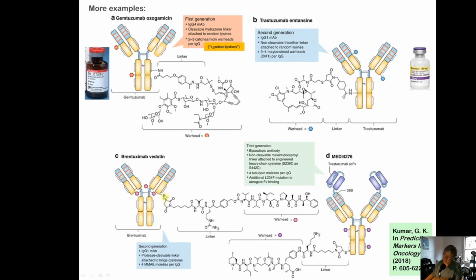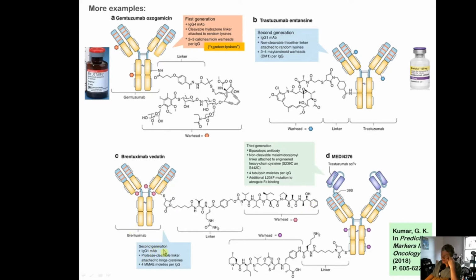So the linkage is through a sulfur, and there's a linker, and then this is the part that's cleavable by cathepsin, the protease enzyme. So it cleaves off here, and then this thing falls apart, and then you're left with the warhead, and that actually does the damage and stops mitosis.